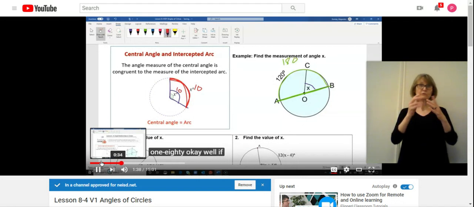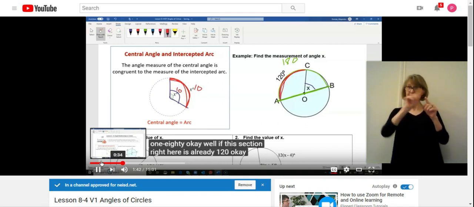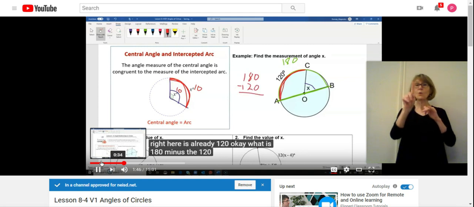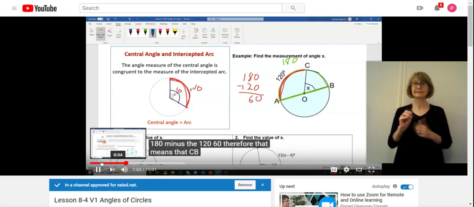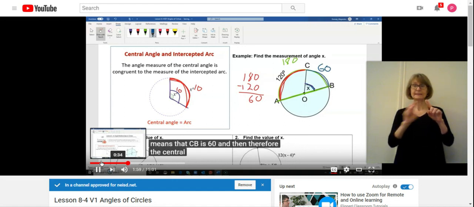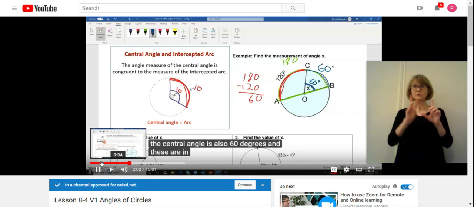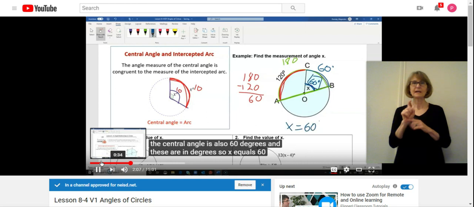If this section right here is already 120, what is 180 minus 120? 60. So that means that C to B is 60, and therefore the central angle is also 60 degrees. So x equals 60 degrees.